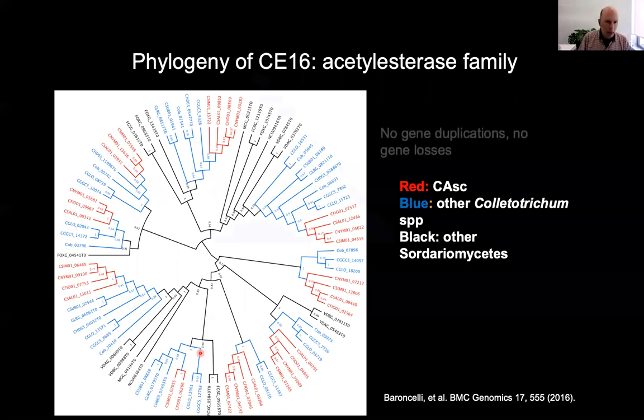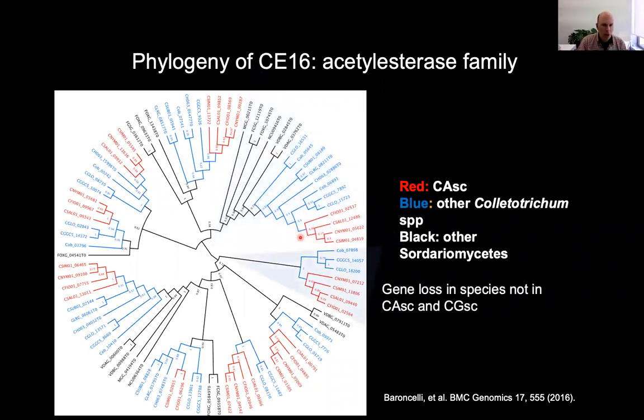I want to point out just a couple of things. I don't know if you can see this triangle, but it's highlighting this clade, starting with this node. The phylogeny of this clade basically reflects the evolutionary relationships among the species, and we don't observe in this clade any gene duplications or gene losses. So that's a reference.